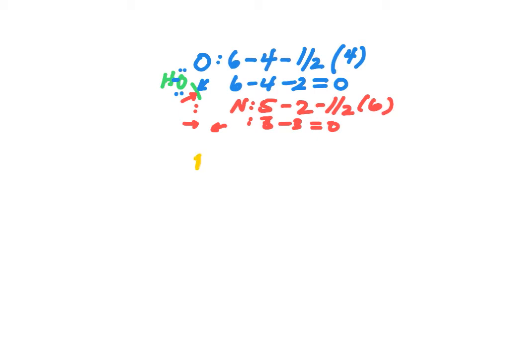Next, let's look at carbon. Carbon has 4 bonds there. There are no lone pairs. So we have 4 for the group number, minus 0 non-bonded electrons, minus 1/2 of 8. So that's 4 minus 4, so the charge is 0. If we do this out for these carbons, I'm going to just expand one of them.